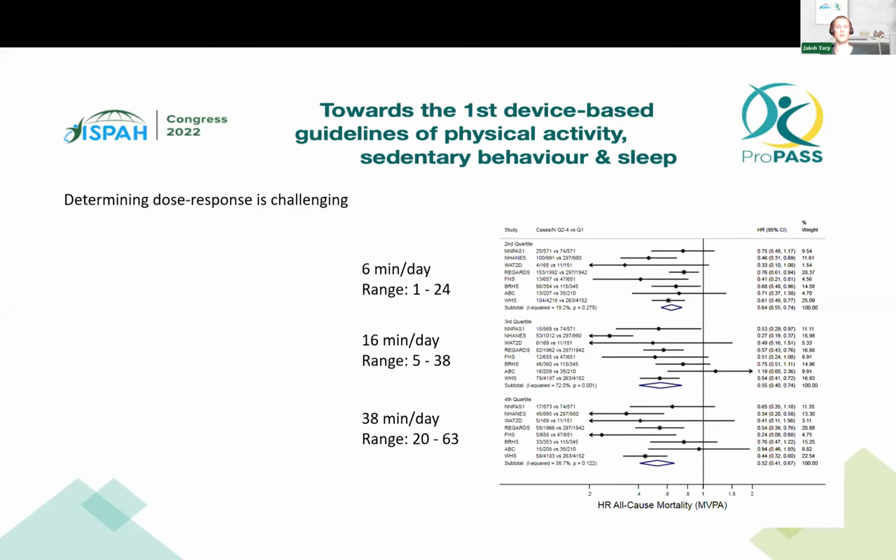We can even see that what would be quartile 4 in one study could be quartile 3 in another study. And of course that has very large implications for the quantitative guidelines that can be derived from these data.